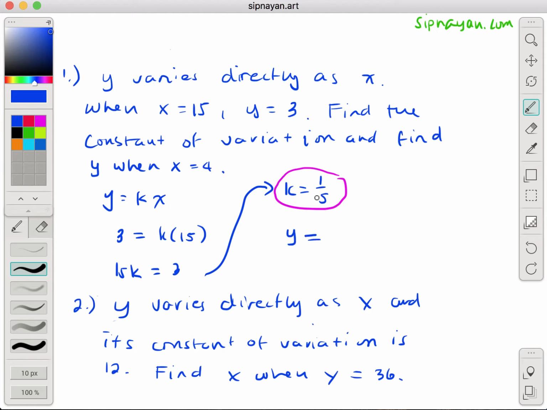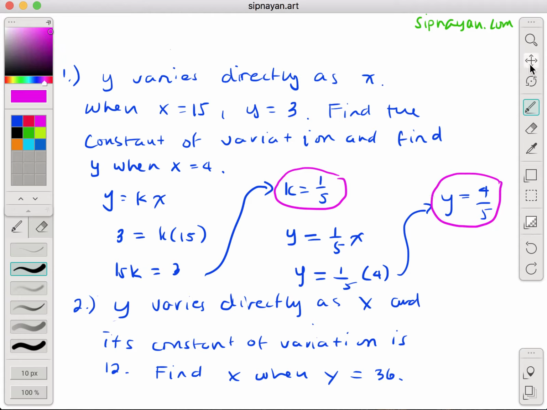Yung k natin ay 1/5, so y equals 1/5 x. And we want to find y when x is equal to 4. So, syempre, substitute lang natin y equals 1/5 times 4, meaning y equals 4. So, ito yung sagot natin doon sa pangalawang tanong.